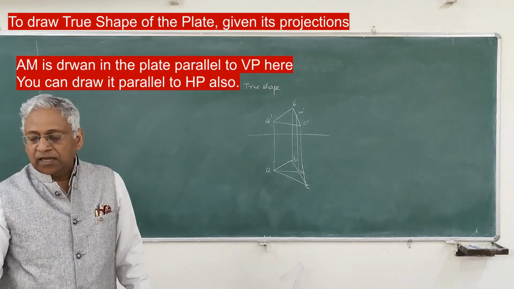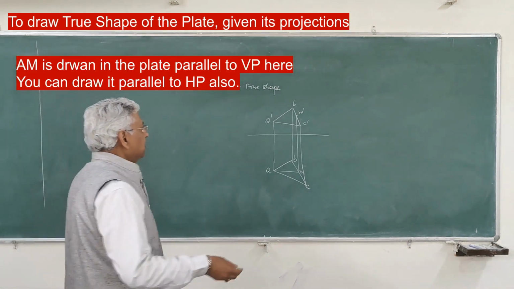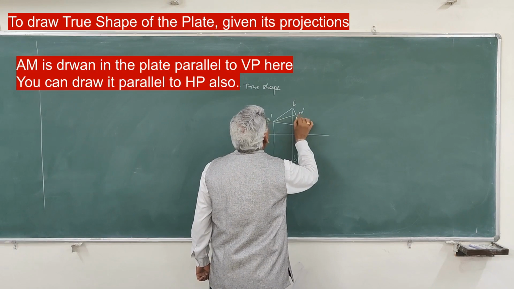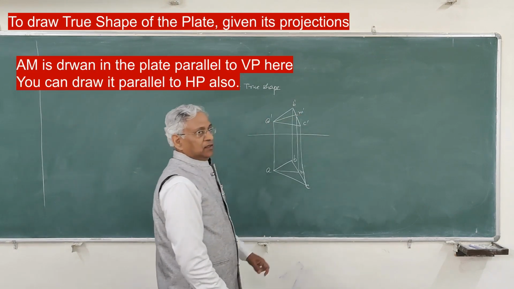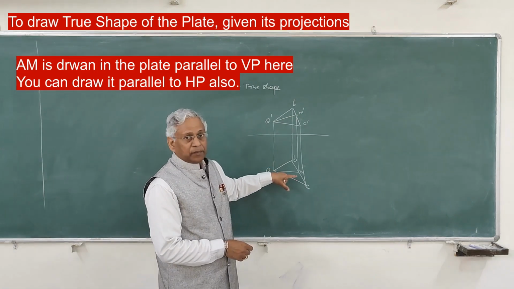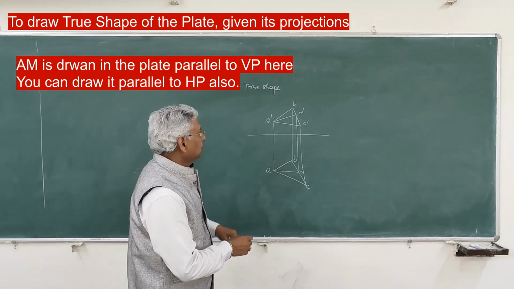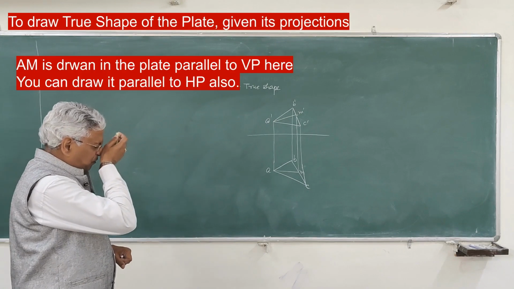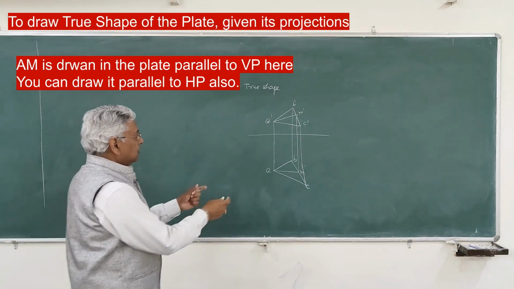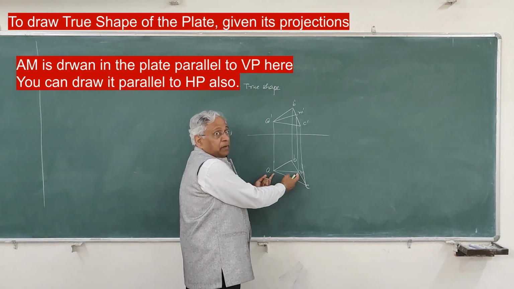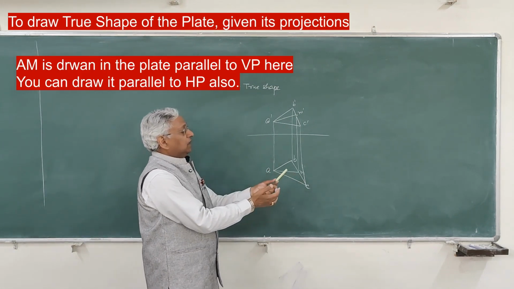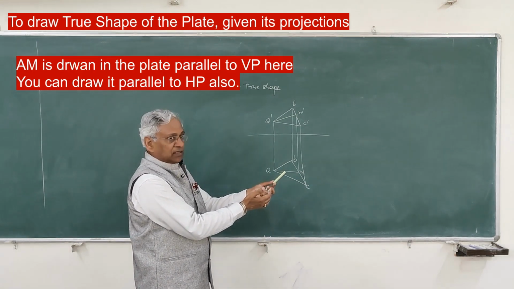Now this A dash M dash is the elevation of a line which is parallel to the vertical plane, because the plan is parallel to the ground line, and therefore it is parallel to the vertical plane like this.